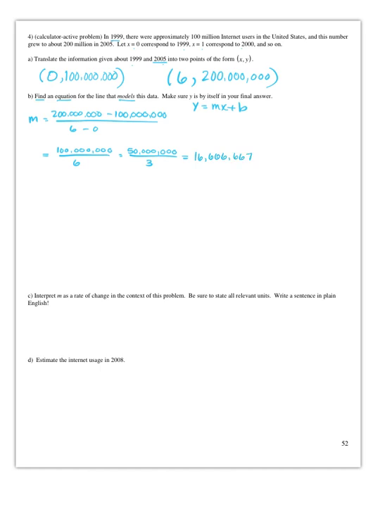Next, we're going to want to find our intercept. So we plug in our slope. We have y equals 16,666,667 x plus b. And we can plug in a point. We're going to plug in 0, 100 million.